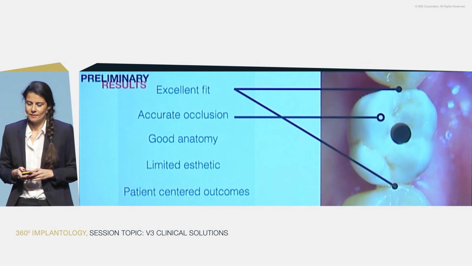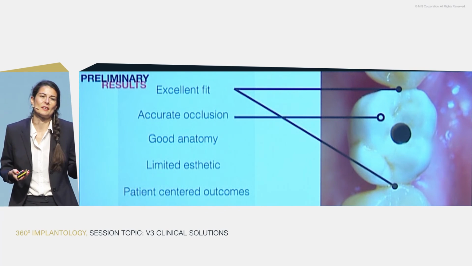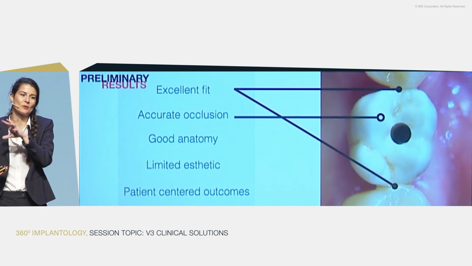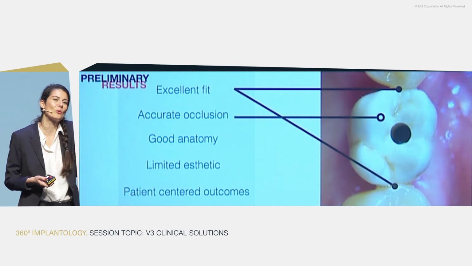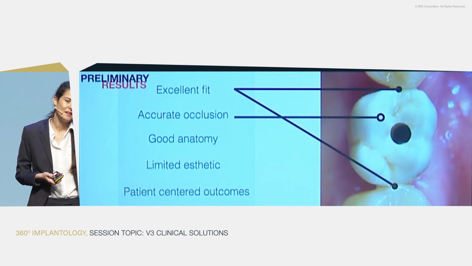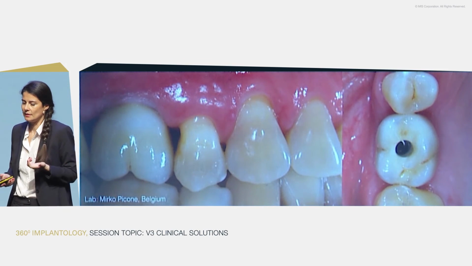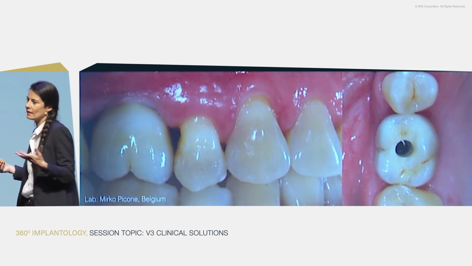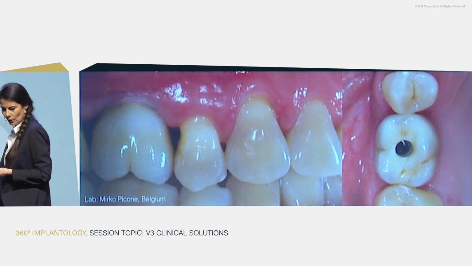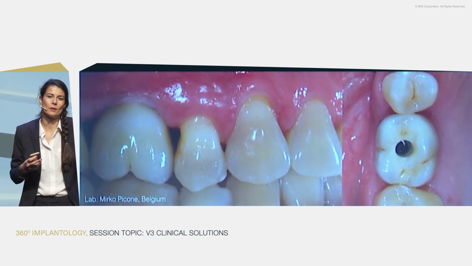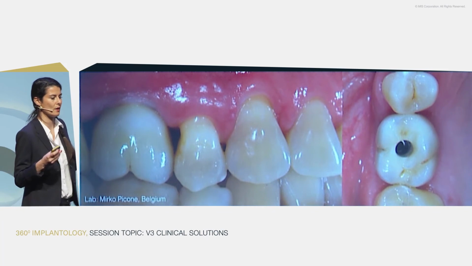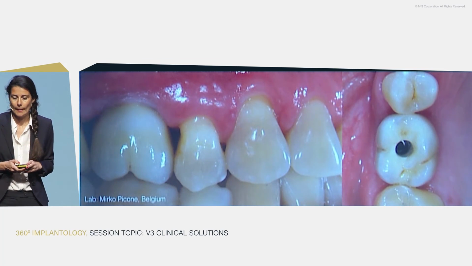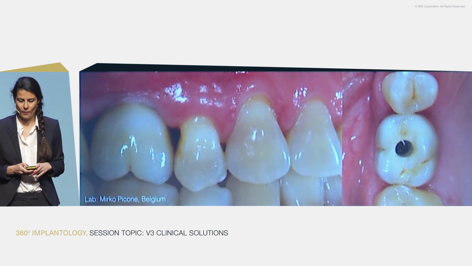And looking at the patient-centered outcomes, already with the CAD/CAM one, the full Zirconia one, they were happy because we were always trying that one first. But then when they saw the other one, they, of course, preferred it. So all of the patients went back with the conventional crown because for the study, the randomized control trial, they had to have all the same type of restoration.